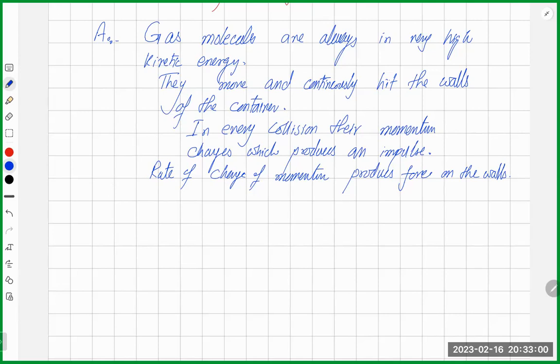So we are discussing why gas molecules are exerting pressure on the wall of the container. First, we established that the gas molecules are continuously moving. They hit the wall of the container. With every collision, they experience an impulse, a change of momentum. The rate of change of momentum produces force on the wall. Force per unit area is called pressure.